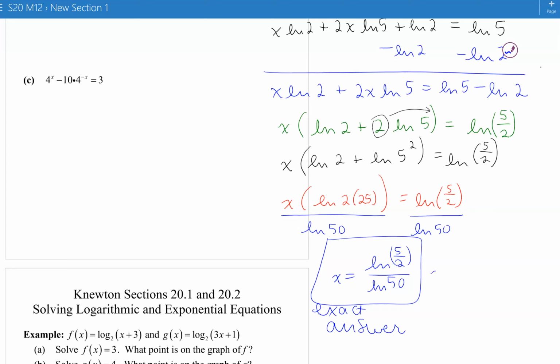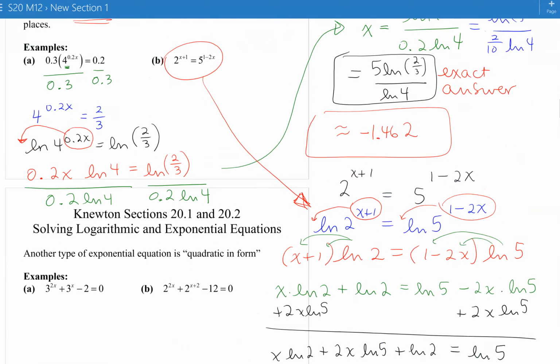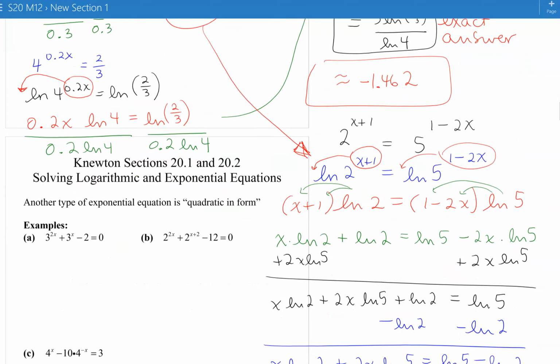And then my approximate answer to 3 decimal places is 0.234. So let me know if you get something different, but that's what I'm getting for my decimal. Okay, so that was solving this type of exponential equation.